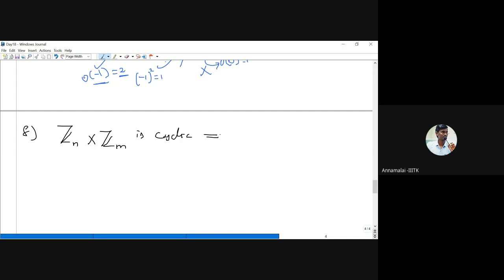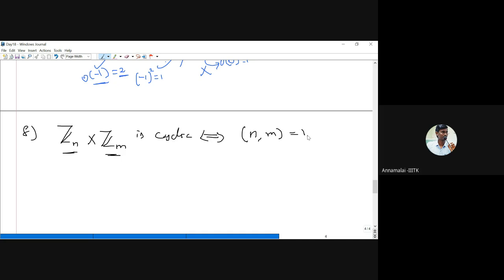If and only if the GCD of the orders is 1. The order of the first group is n, the order of the second group is m. Therefore, the Cartesian product Zn cross Zm is cyclic if and only if GCD of n comma m is 1.